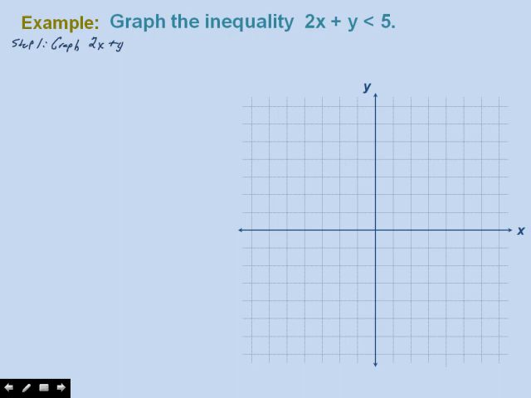All we're doing is replacing our inequality symbol with an equal sign. So we're going to graph this line. And let's think about right away the fact that we have a less than here. So we're going to end up graphing our boundary line as a dotted line.